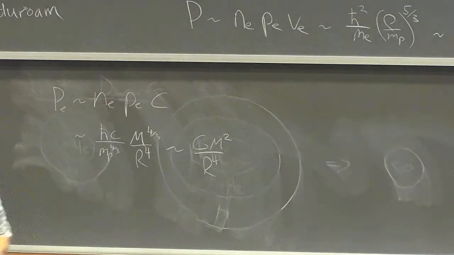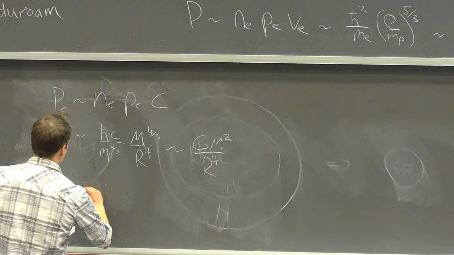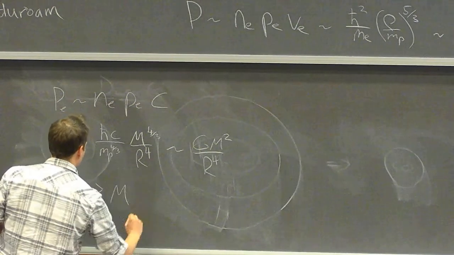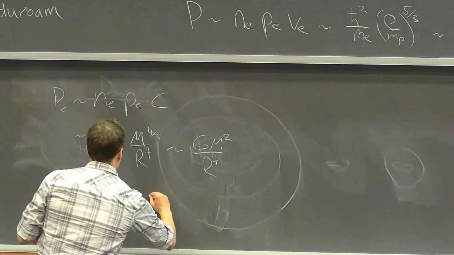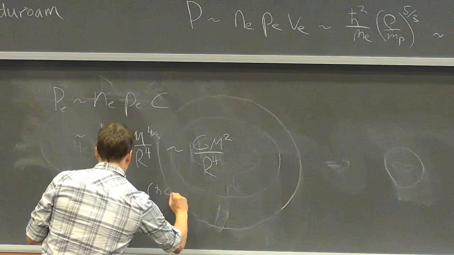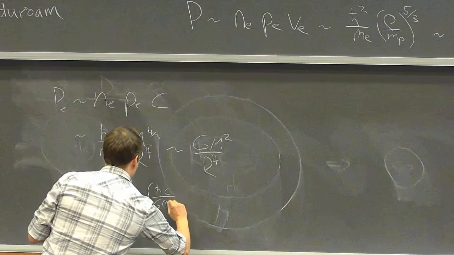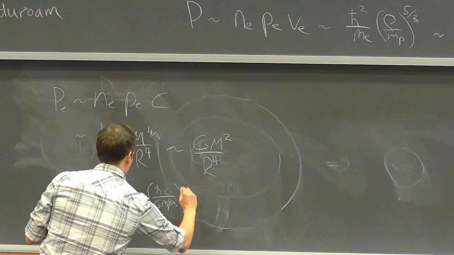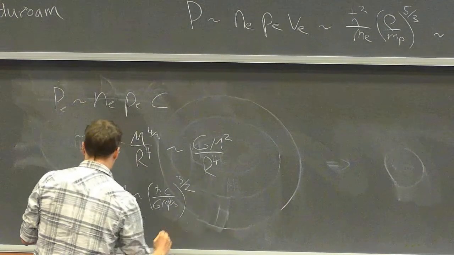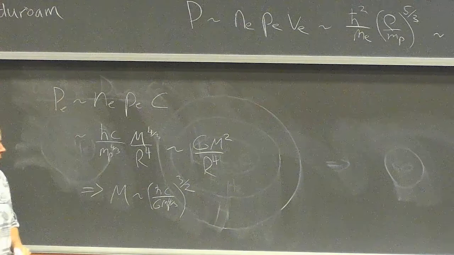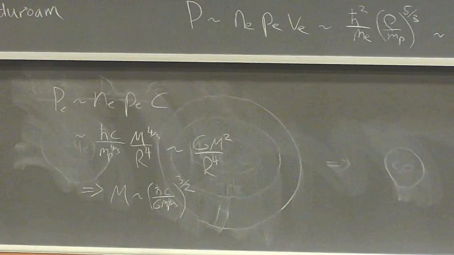This time the factors of R cancel exactly. So you just have an equation for the mass, which is (ħc / (G m_p^(4/3)))^(3/2). It's just a bunch of fundamental constants.